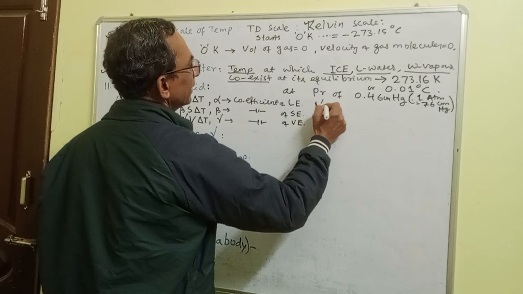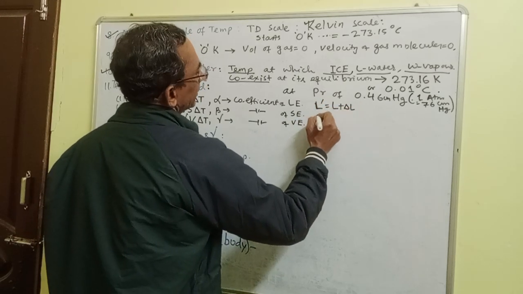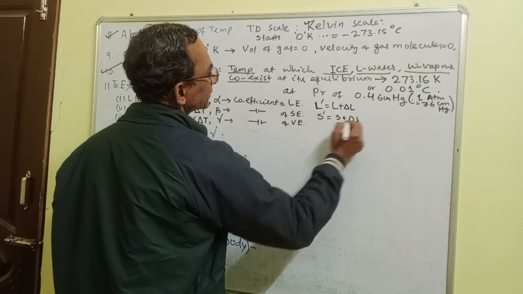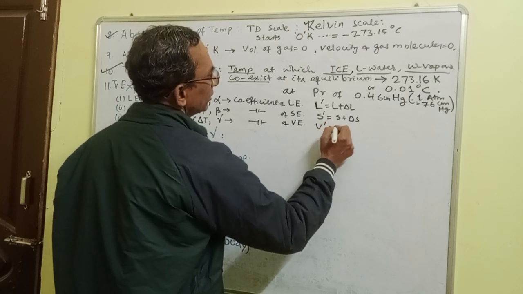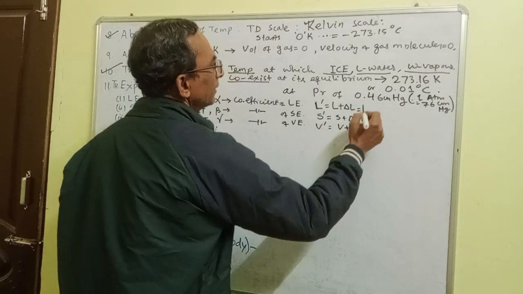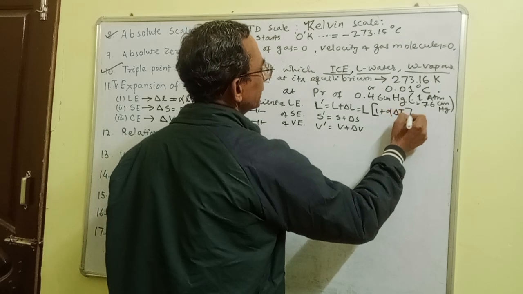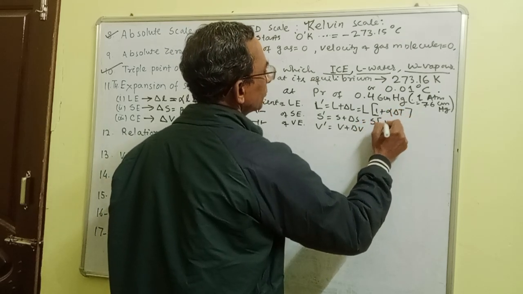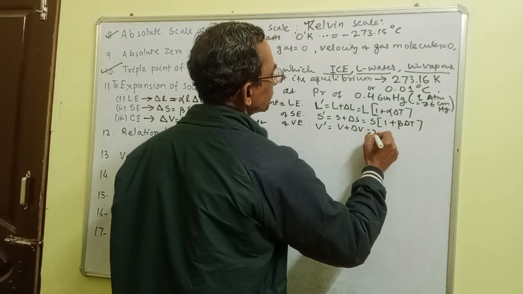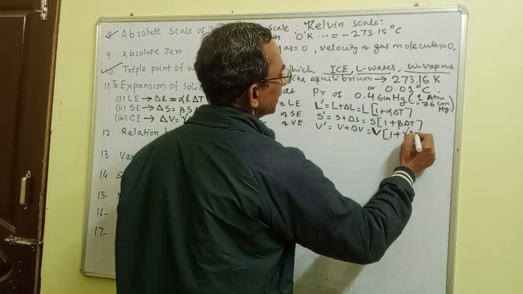L final is equal to L plus delta L. The final value of area is S plus delta S. The final value of volume is V plus delta V. It becomes L(1 plus alpha delta T), S(1 plus beta delta T), and V times (1 plus gamma delta T).